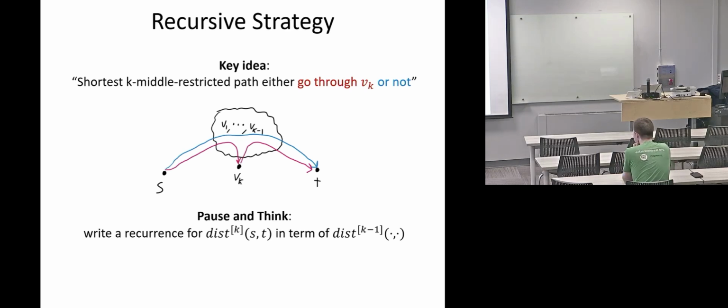Either this path will use Vk as an inner vertex, or it will not use Vk as an inner vertex. Otherwise it's going to be the blue one here, going through only V1 up to Vk minus 1. That's the two choices: either use Vk or not.